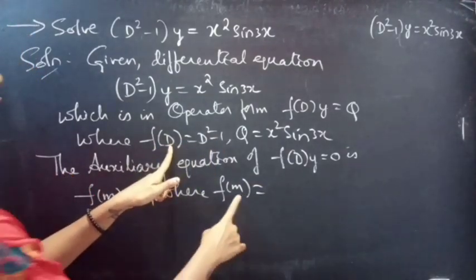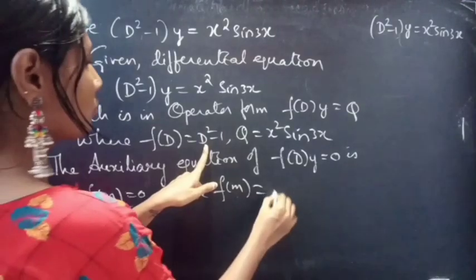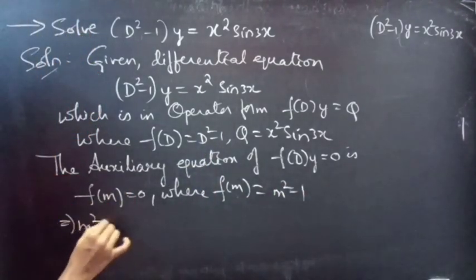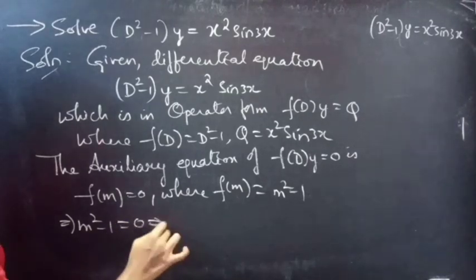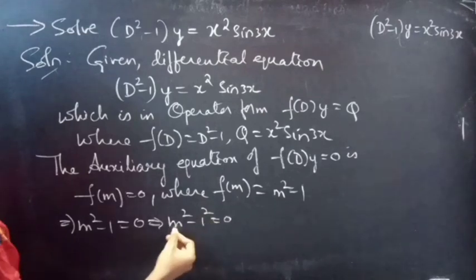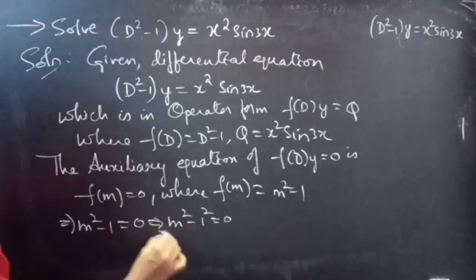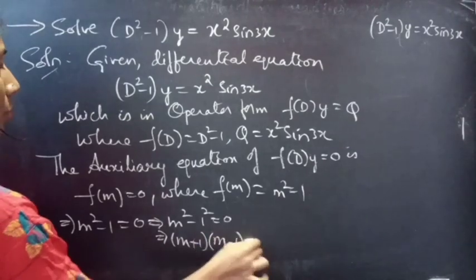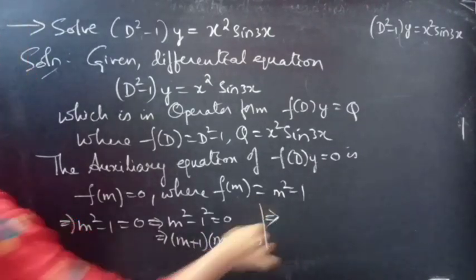Let's replace the differential operator by m, so that we'll get F(m) equals m square minus 1. Then our auxiliary equation becomes m square minus 1 equals 0. Now we can write this 1 as 1 square. And this is of a square minus b square form, so we can write it as (a plus b) into (a minus b).